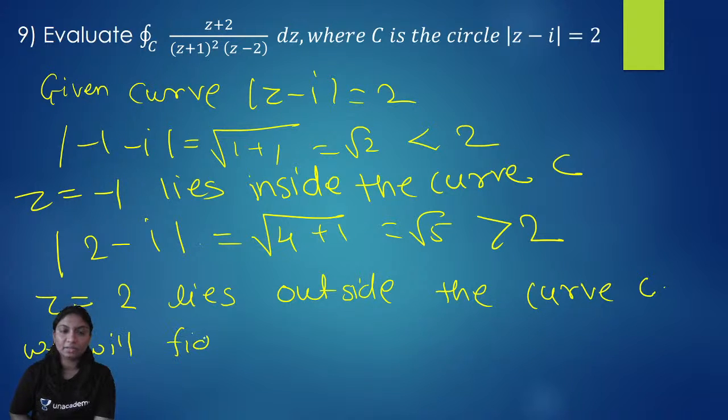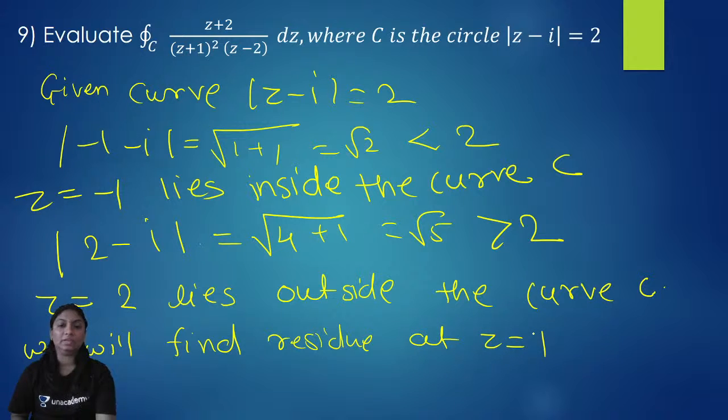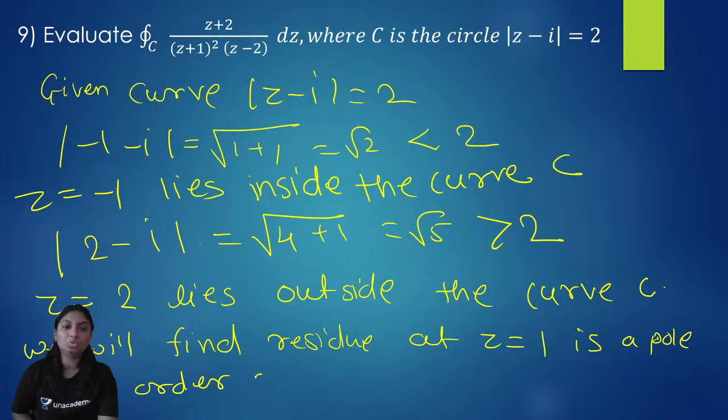We will find the residue at z is equal to minus 1, a pole of order 2.